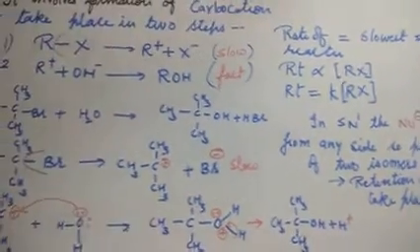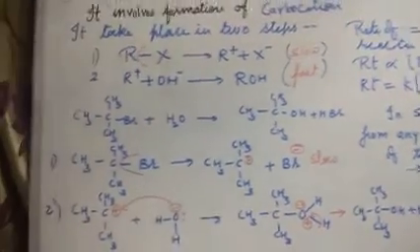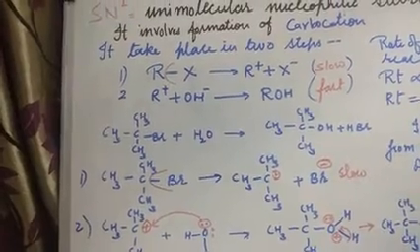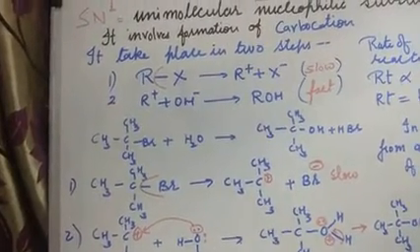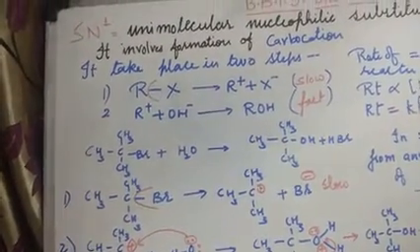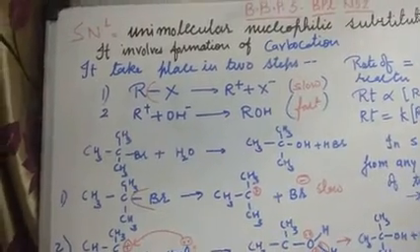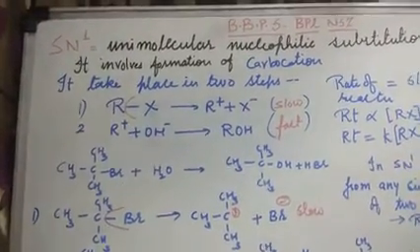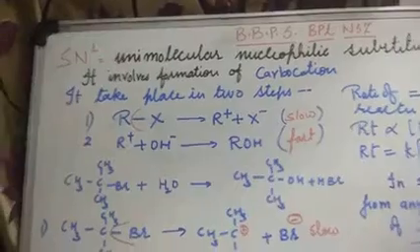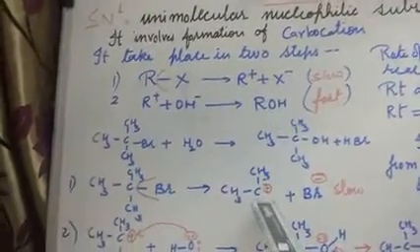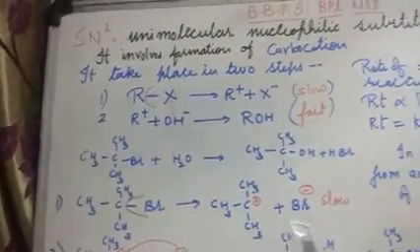So by this reaction we can say that the maximum reactivity of tertiary alkyl halide will be there towards SN1. If reason is asked, what is the reason, students? Because tertiary carbocation possesses maximum stability. That's why it forms readily and proceed the reaction.